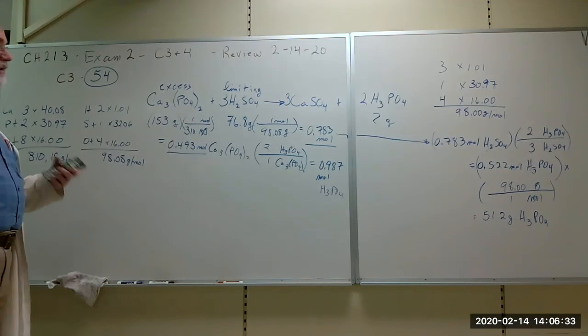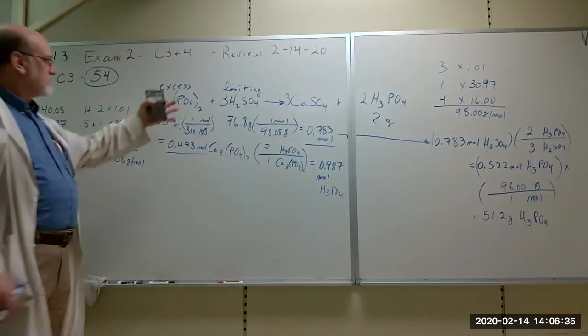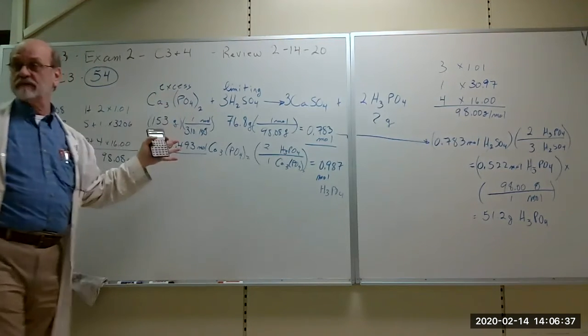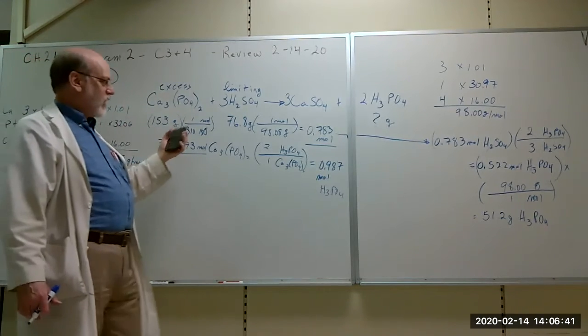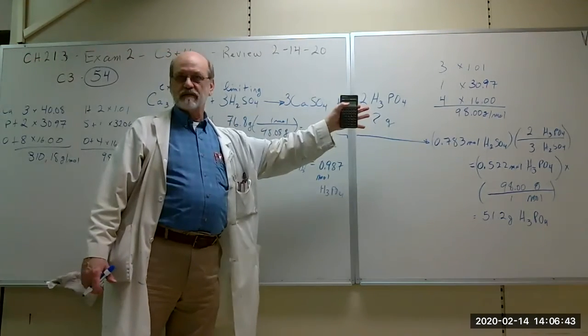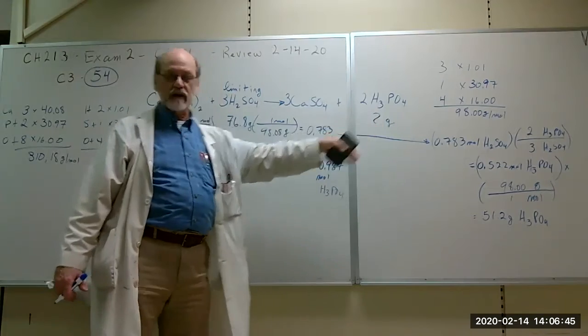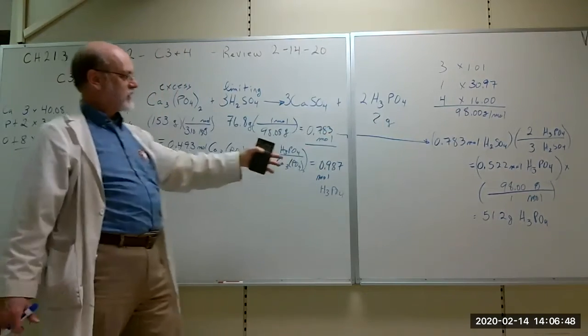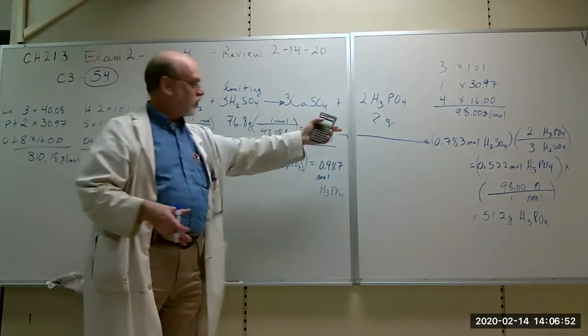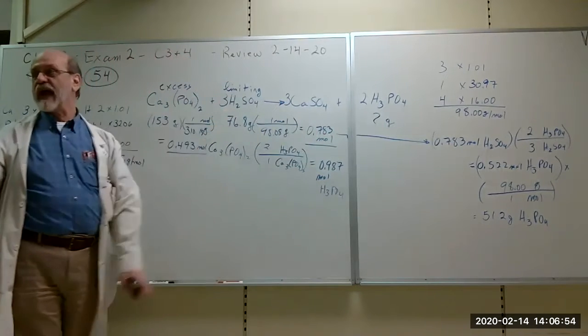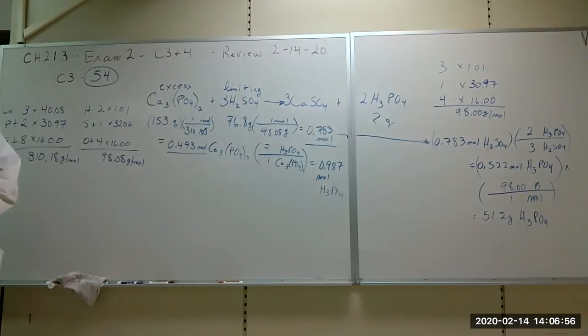But that's how you work a limiting reactant problem. Okay? You just assume that all of it is used up, and you calculate what product you get. Assume all of this is used up, and you compare the two. And the least one was derived from the limiting reactant. It's going to run out first.